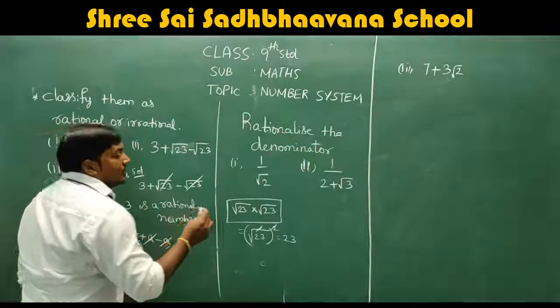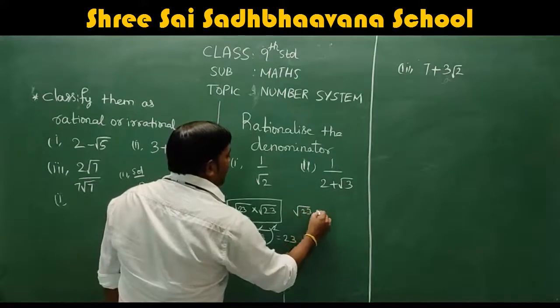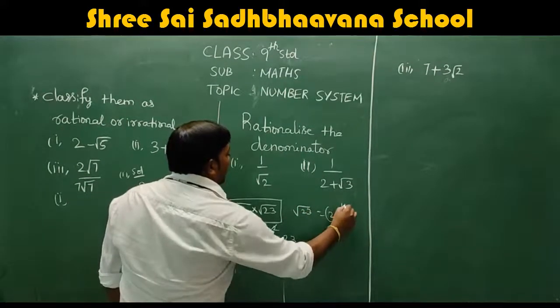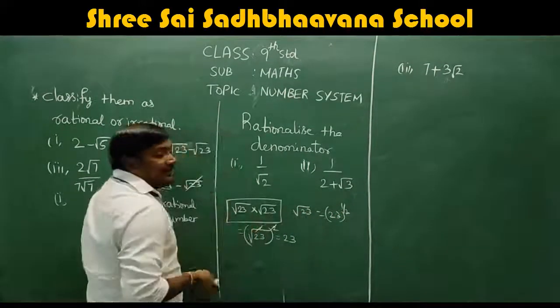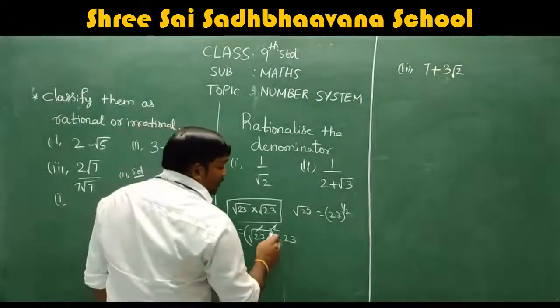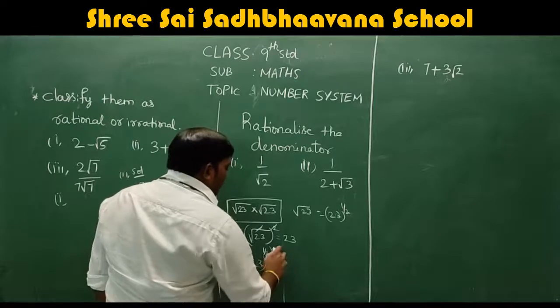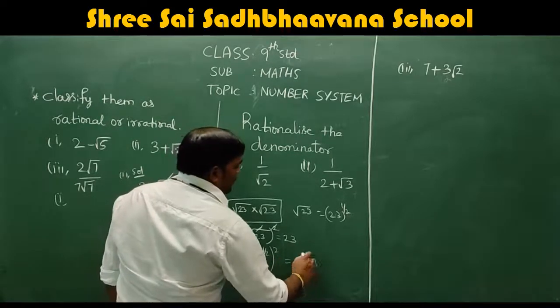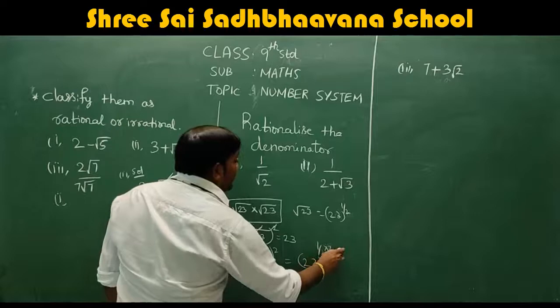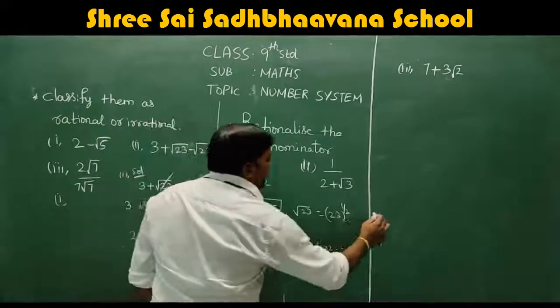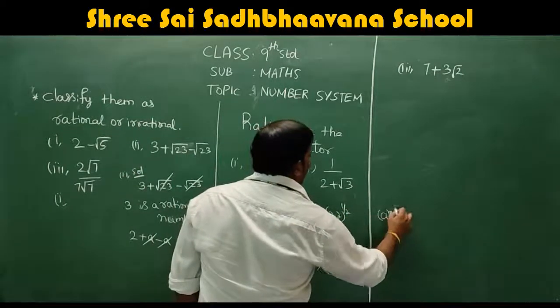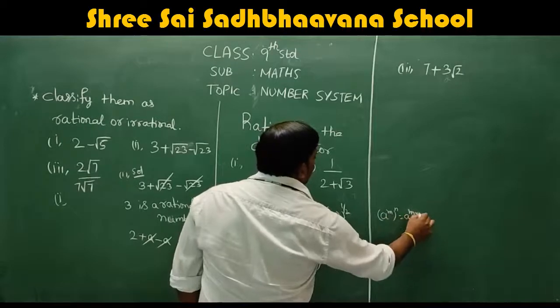I'll explain that root 23 can be written as 23 whole power 1 by 2. Remember, root 23 is the same as 23 power 1 by 2. So when you write 23 power 1 by 2 whole square, it will become 23 whole power 1 by 2 into 2. Because you might know the formula, a power m whole power n is equal to a power m into n.